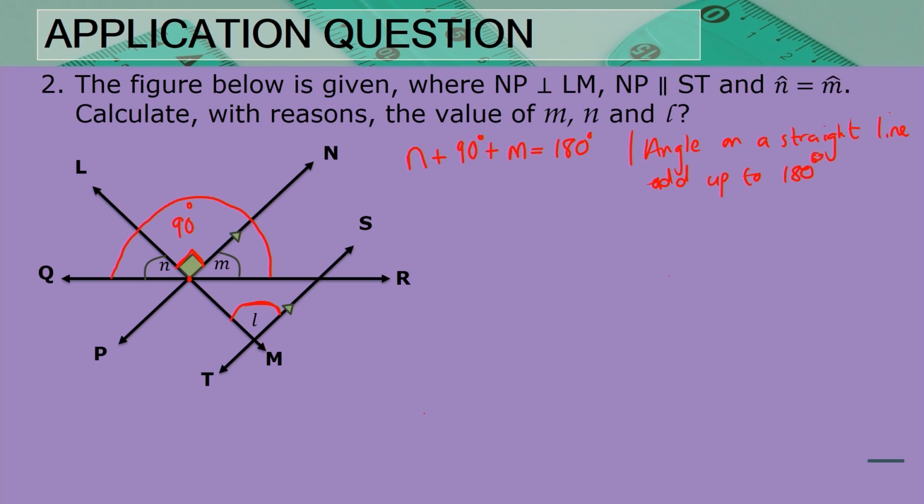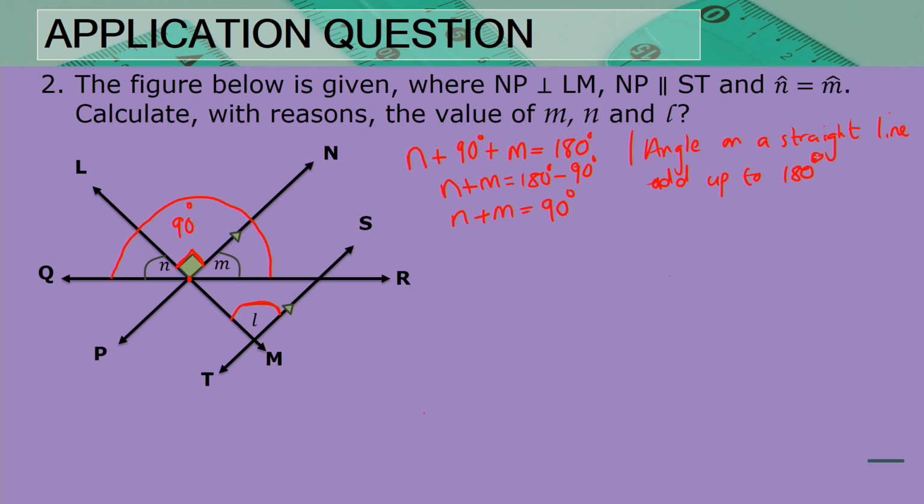Now, we use the additive inverse of 90 to find the value of N and M. So we are going to say that N plus M is equal to 180 degrees minus our 90 degrees. Now this gives us N plus M is equal to 90 degrees.